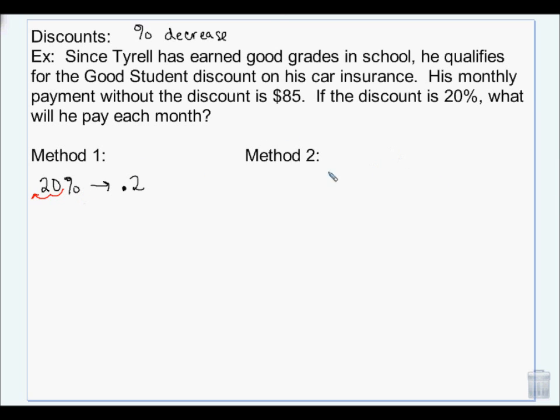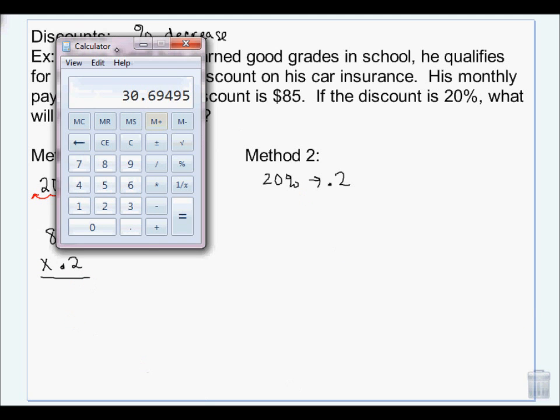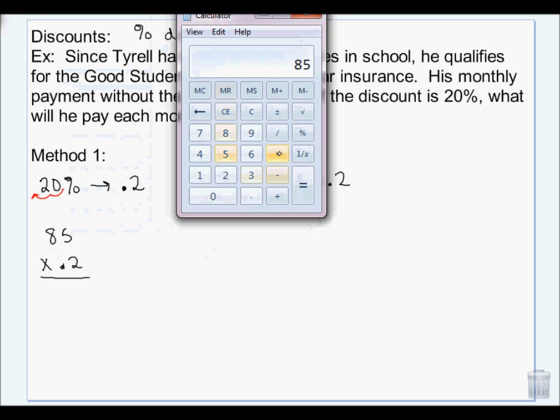In either case, method 1 or method 2, you're going to convert to a decimal. You always have to convert percents to decimals before you can work with them, because you can multiply and divide decimals, you can't multiply and divide a percent. His monthly payment without the discount is $85. I'm going to multiply it by 0.2. So 85 times 0.2 is 17.